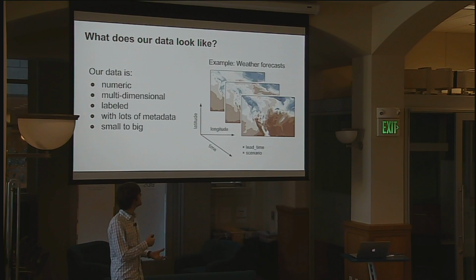Each point is also identified by coordinate labels as well. We have a date associated with every point along the time axis. We have a floating point number for every latitude and longitude. So there's a lot of metadata that can help us work with these tools.